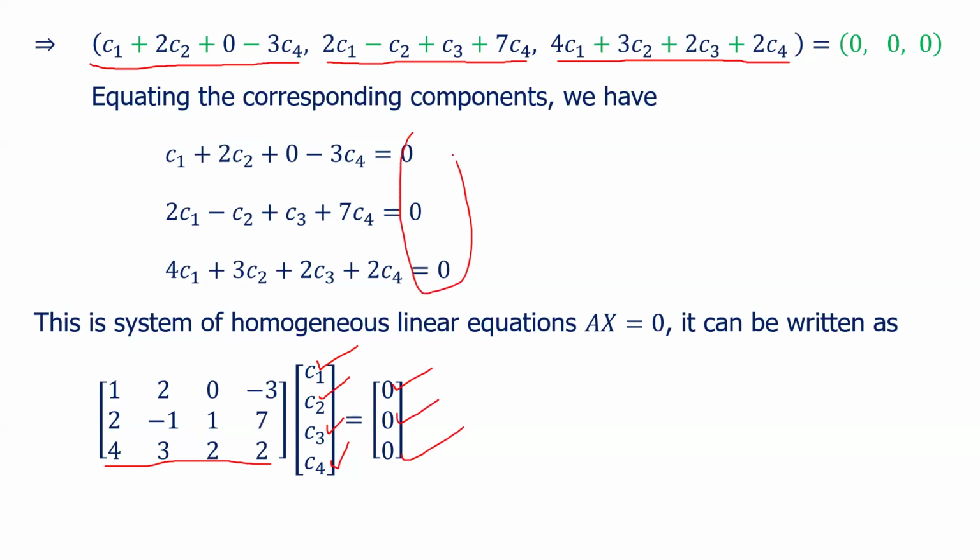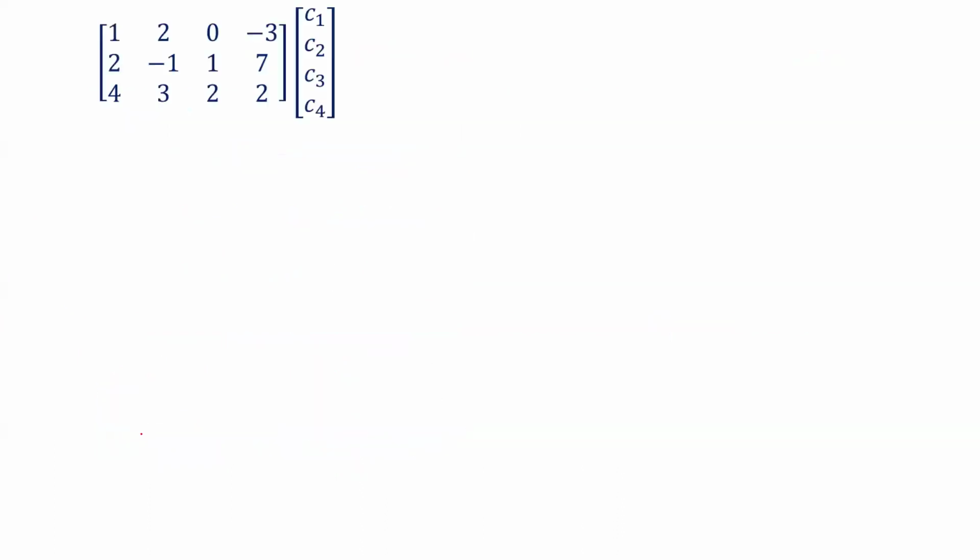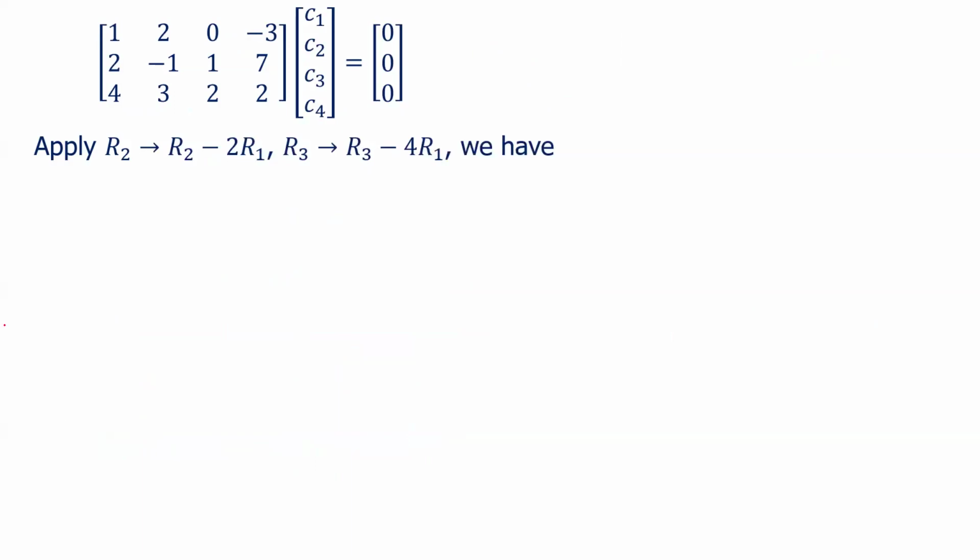Now we have to reduce this matrix to its echelon form. With the help of this one, we have to make this and this 0. For this purpose, we apply the two row operations R2 minus 2R1 in R2 and R3 minus 4R1 in R3.